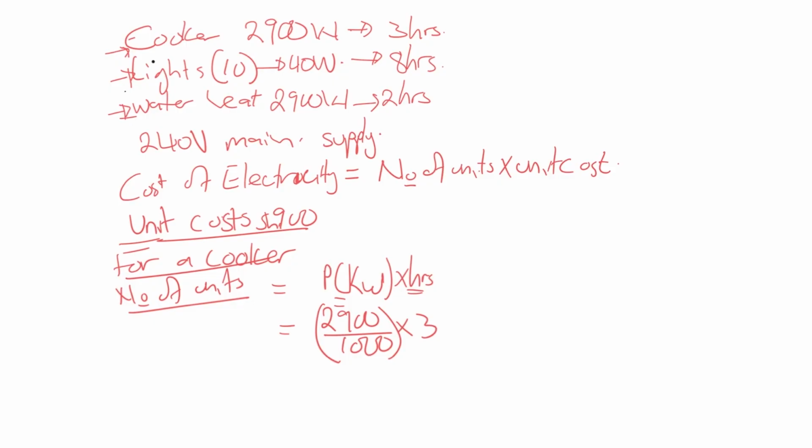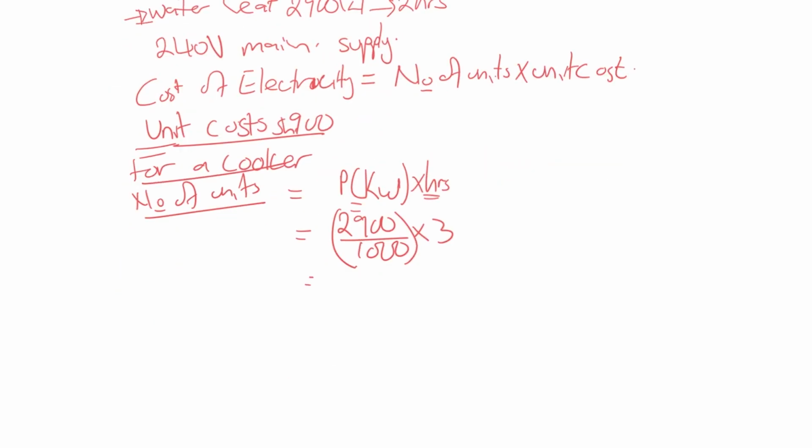That is equivalent to 8.7 units. Now the cost a cooker will take in a day is 8.7 times 900, which is 7,830 shillings in a single day.